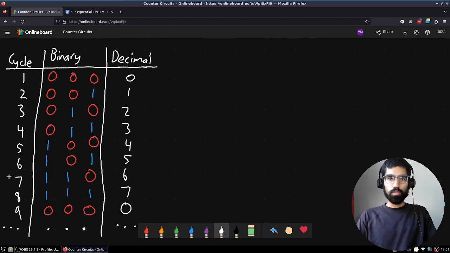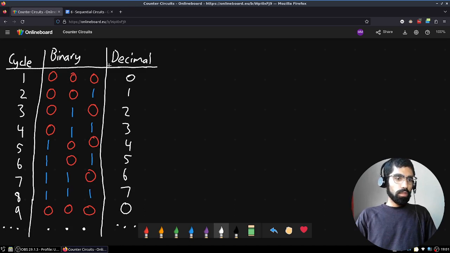So different cycles meaning different rising edges on the flip-flops. When we have a cycle go by, I increment the count, as you can see, counting up from 0 to 8, or I guess 0 to 7, and then repeating. Can't go to 8 if we only have three binary numbers.